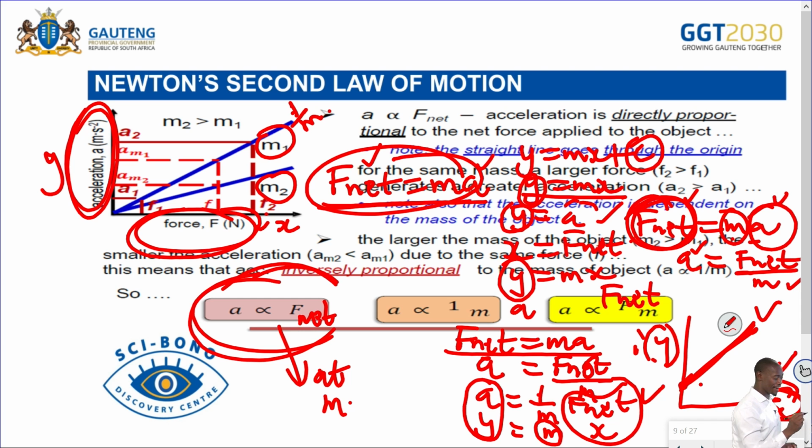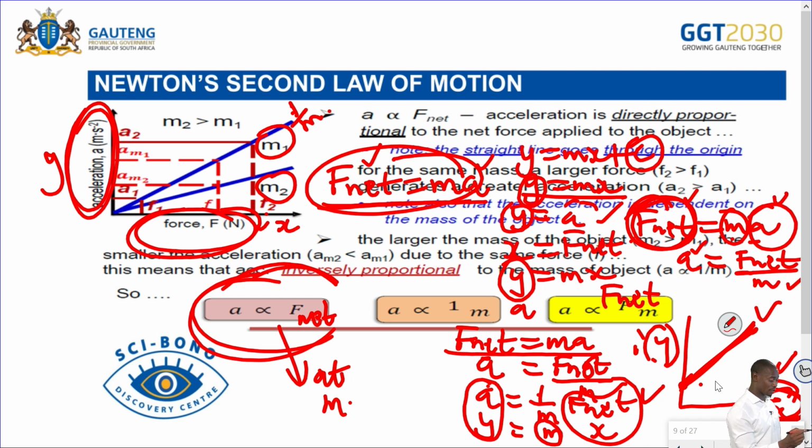We said F net equals to MA. Then my y, because it's the subject of the formula when it comes to y equals to mx, right? My y is A. Okay, I've done that. I've made A the subject of the formula, right? Then equals to F net over M. But remember, my F net should be X, right?